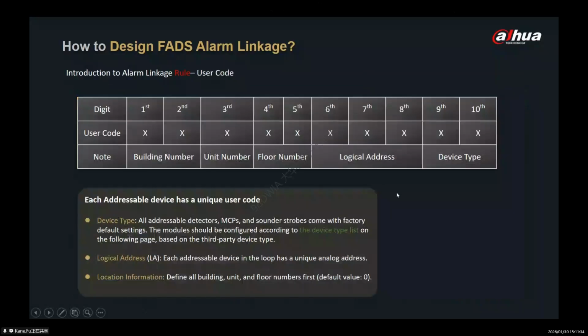This is the structure for the first generation panel, the old one. For Note 1, we already changed the structure to number, logic address, device type, directory. It fits your requirements better.